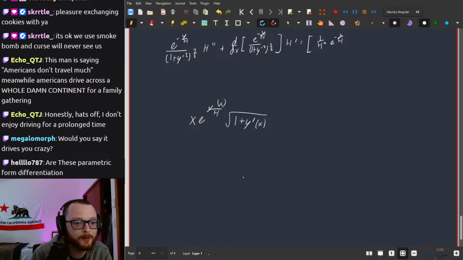And you need to calculate different derivatives of expressions like this. So maybe derivative with respect to x, and you have to worry about the chain rule a bunch, or derivative just with respect to y prime, and you kind of ignore the other parts. I hope that answers your question.